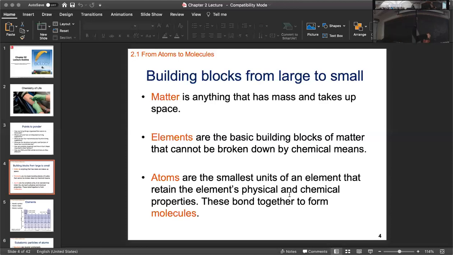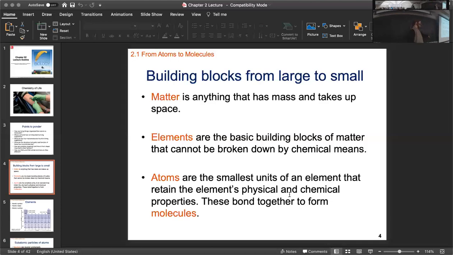The number of atoms in one of these is what makes it a different element and gives it different chemical properties. Okay, think of iron. Does anybody know what iron's letters are? Yeah, Fe. All right.